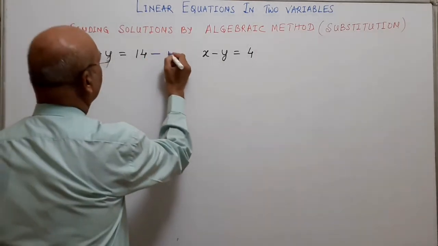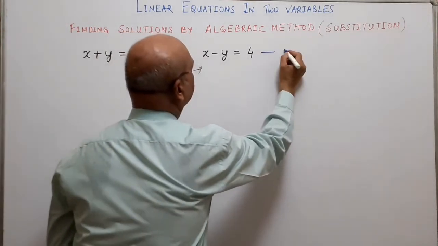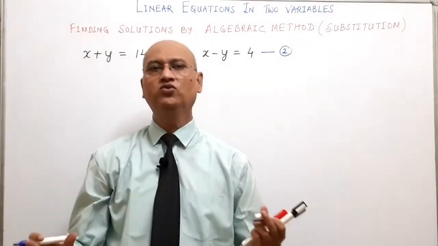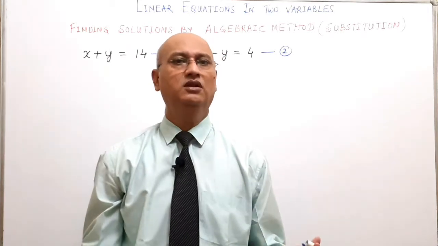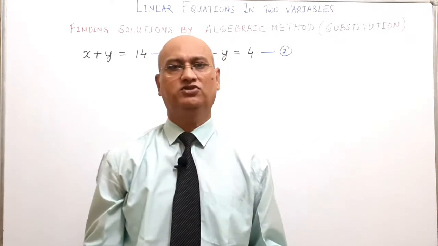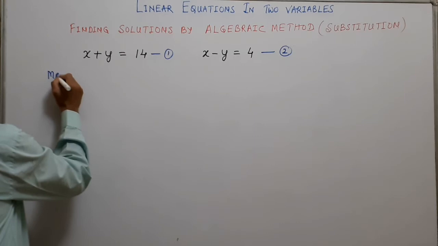This is the first equation. And x minus y is equal to 4. This is the second equation. Both the equations are linear equations in two variables. Again, we have to find a common solution to both these equations, and the method we are using is the substitution method. Now the steps we are writing here.